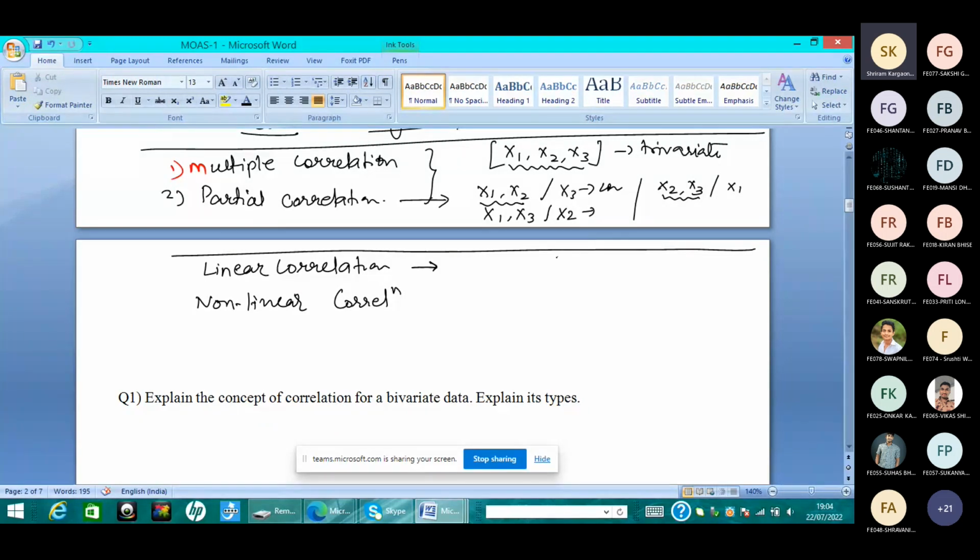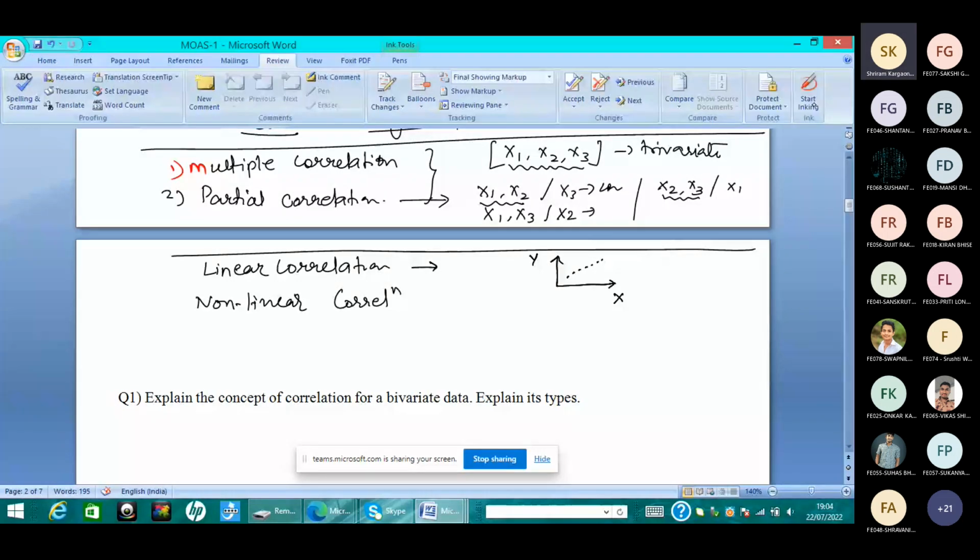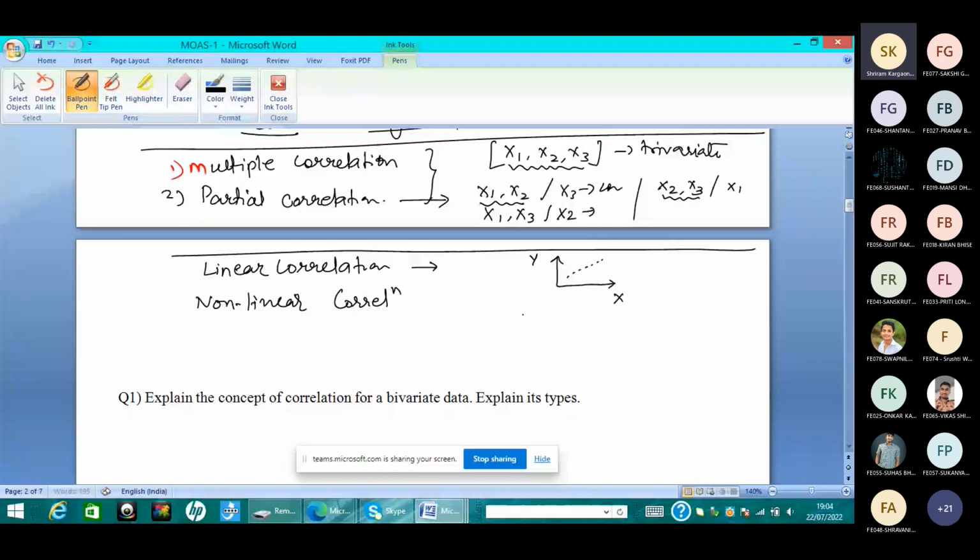When you plot the xy data on the xy plane, if the plotted points fit a straight line, remember my point, meaning you can draw a straight line through the points, then such data is called a linear correlation.